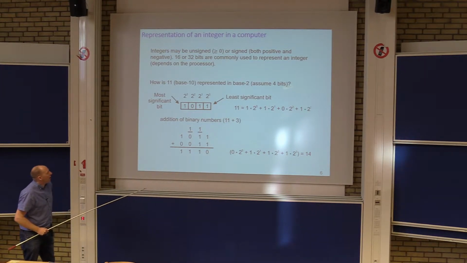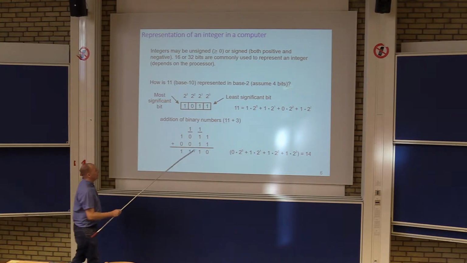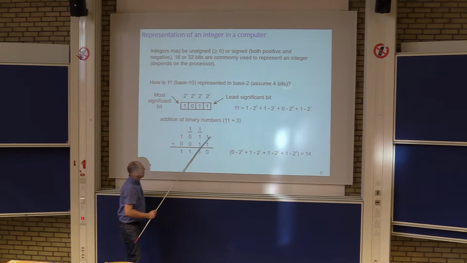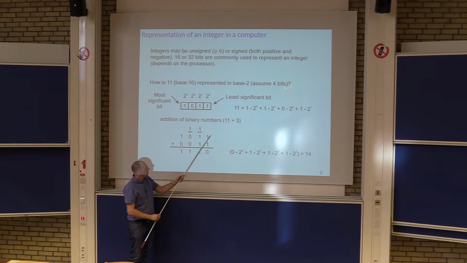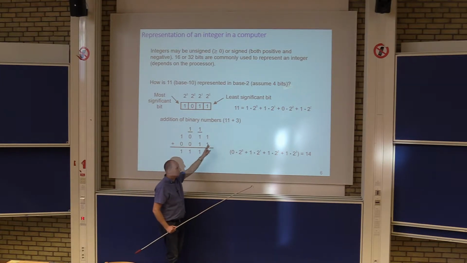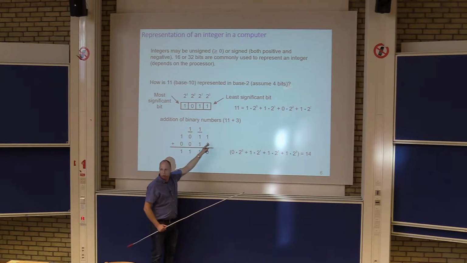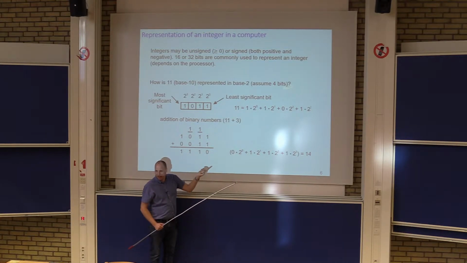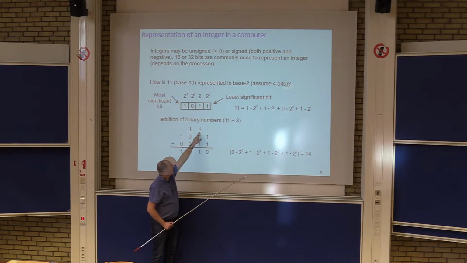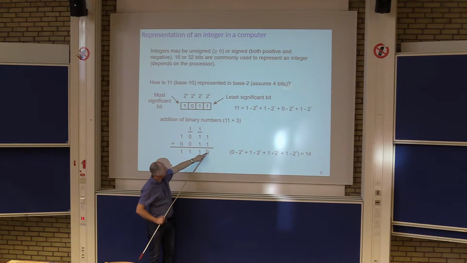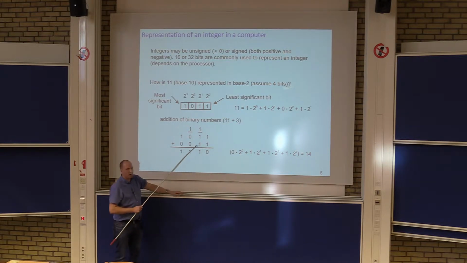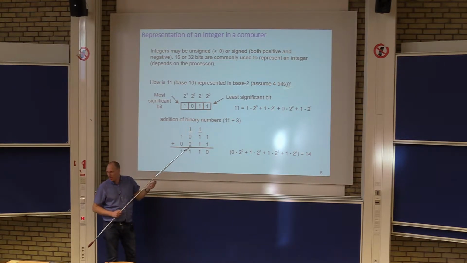And then when we do addition of binary numbers, we do it in the usual way. So if we would like to calculate 11 plus 3, we do it bitwise. We start at the least significant bit: 1 plus 1 will be 2, and 2 represented as a binary number is 1, 0. So you have a carry over here, you will have a 1 here, and then you put a 0 here. Then you add 1, 1, 1, which will be 3, which is 1, 1.